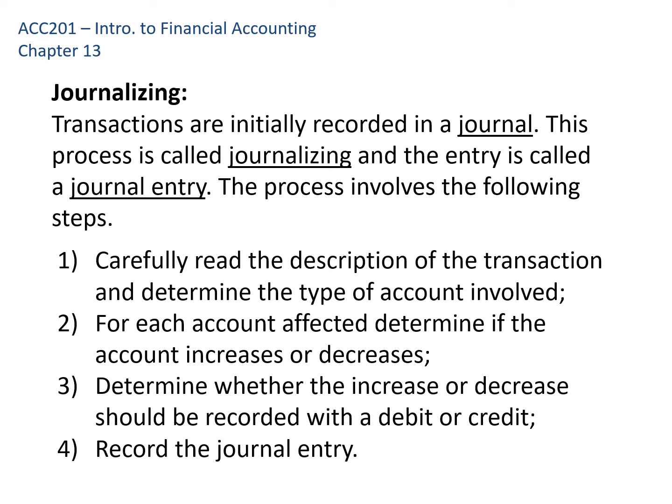And notes payable, liability is going up because I owe more money now. So when I look at the rules on that memory device there, I see assets increase with a debit and liabilities increase with a credit. So in that case, the way I'll journalize it is I will debit cash, that'll increase that asset, and I'll credit note payable, that'll increase that liability. So I've recorded that transaction in a way that has the right impact.